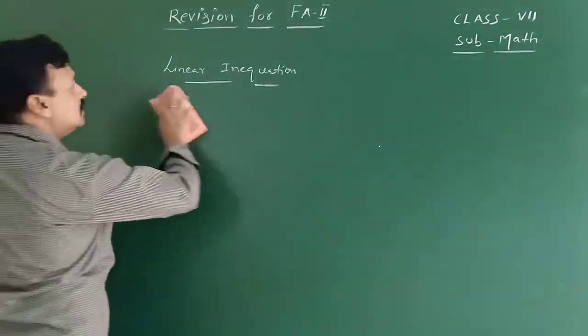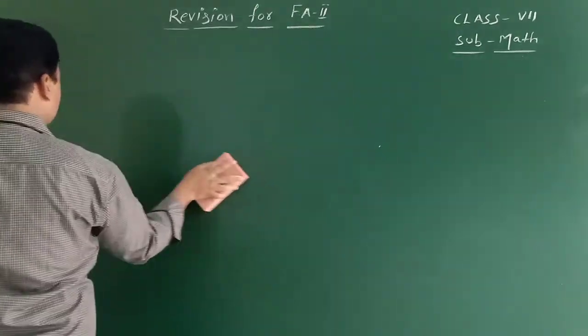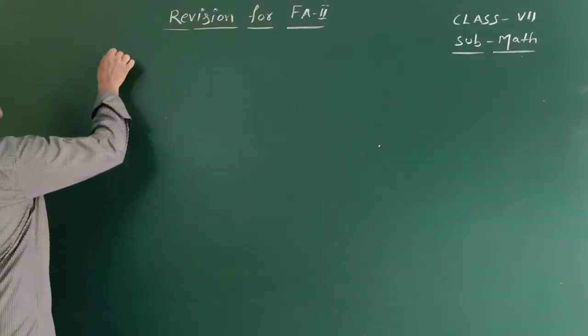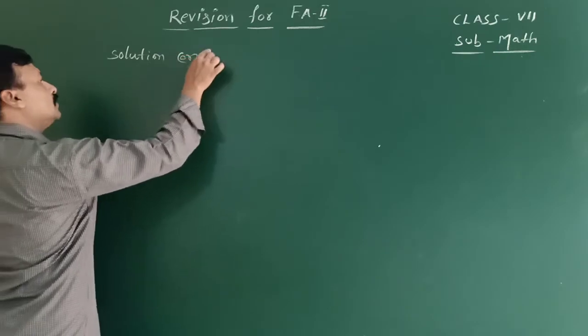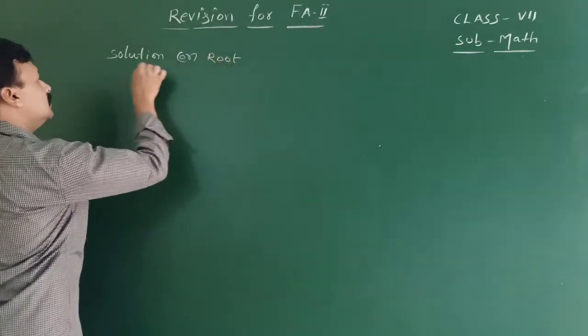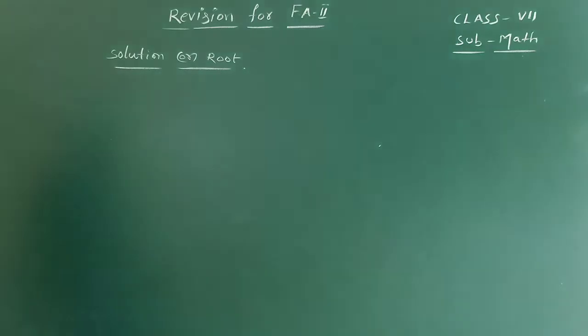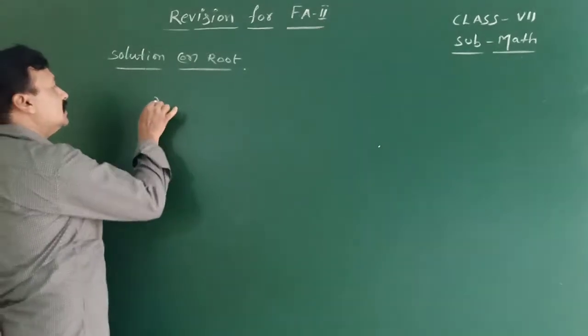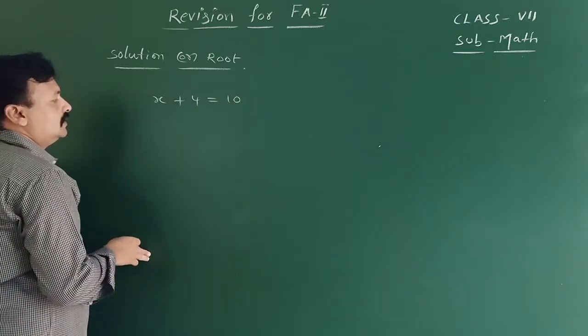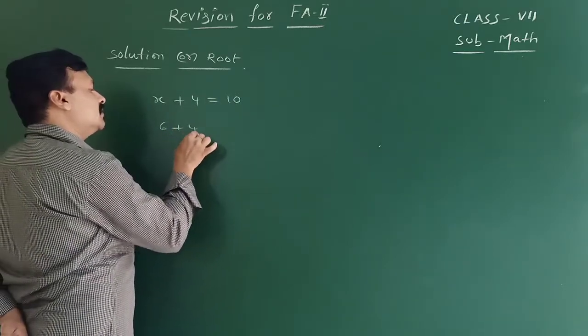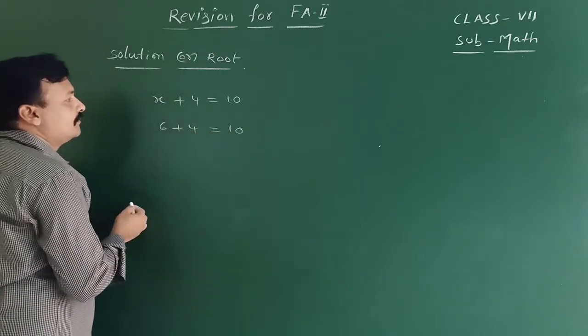So for the linear equation and the linear inequation, what is a solution or root? Solution or root of the linear equation. Here x + 4 = 10 is given. Here 6 + 4 = 10.